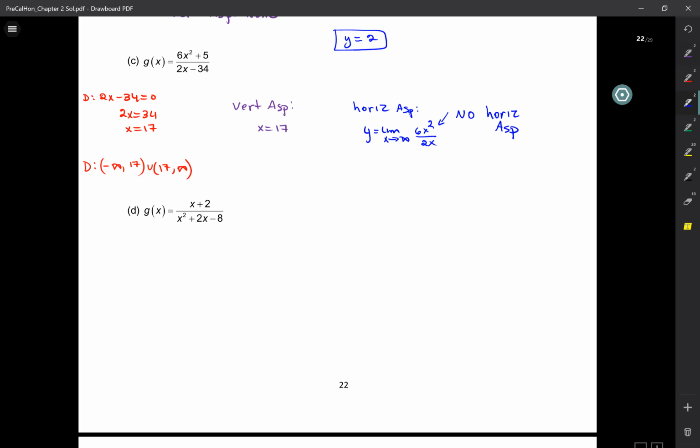All right, another one here. Let's see where the denominator equals 0. Okay, we factor. So the denominator is equal to 0 at -4 and 2. All right, so what I'm going to do here is write the factored form of this.